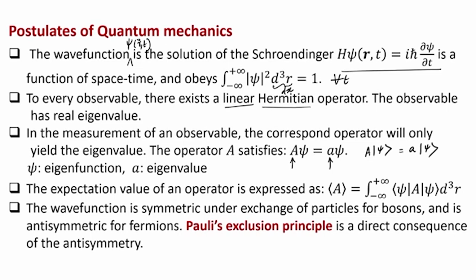A psi. There is another postulate that comes over here, that is the expectation value of an operator, and this expectation is expressed inside the left and right angular brackets.